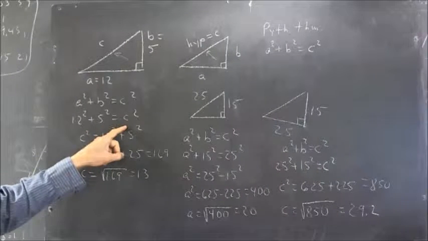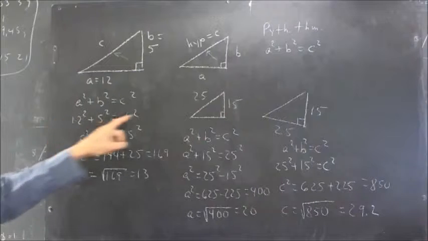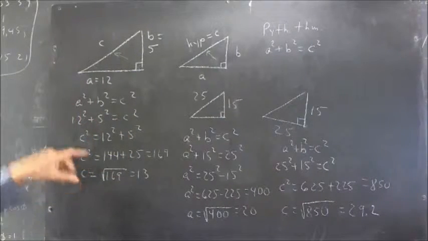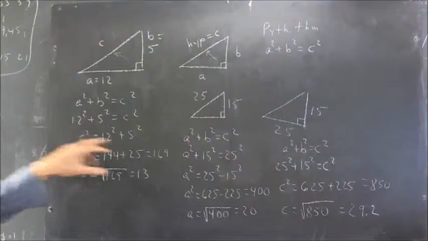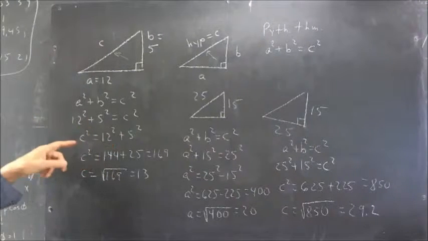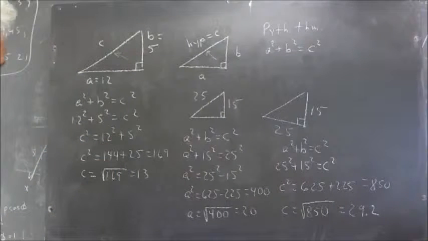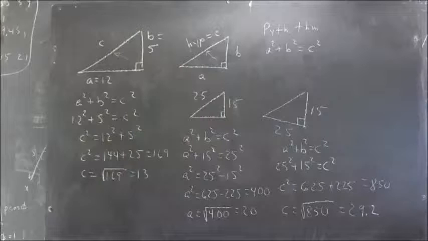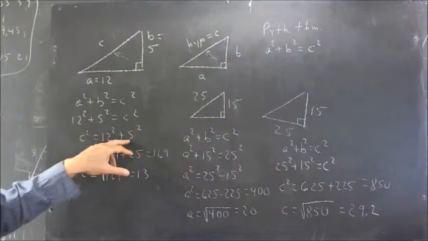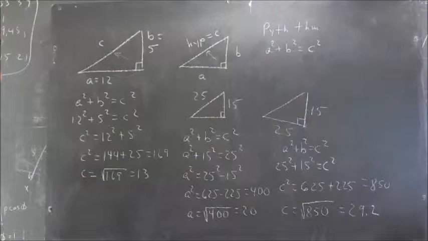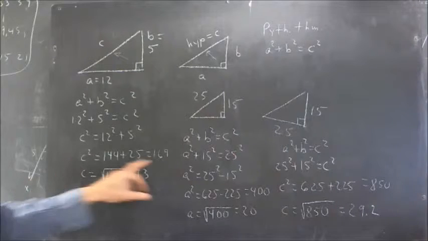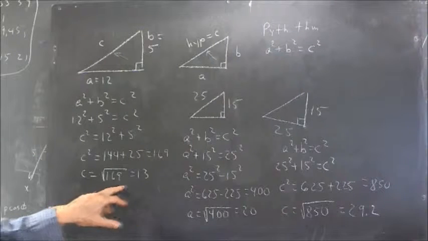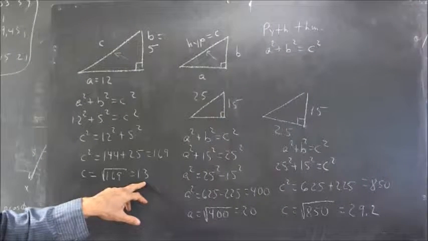Of course, C is what we're trying to find, and what we now have is an equation that can be solved for C. So, reversing the sides to put C over here just because we're more used to having the unknown on the left and the result on the right, we get c squared equals 12 squared plus 5 squared. 12 squared is 144, 5 squared is 25, they add up to 169. So c squared is 169, meaning that c is the square root of 169, which is 13.